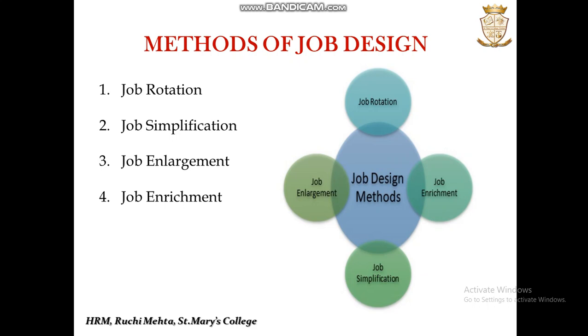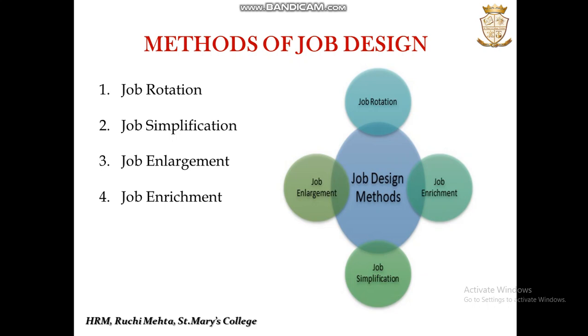With this, all the employees of the organization can be engaged in the job, and also less trained and less paid workers can perform the job easily. So that is job simplification. It is another method of job design.